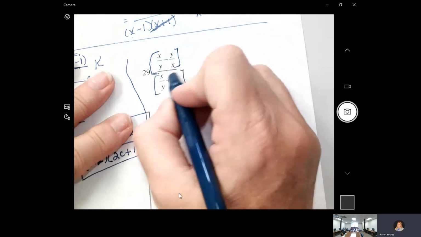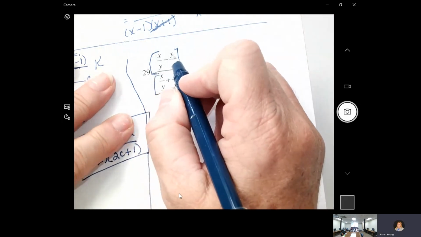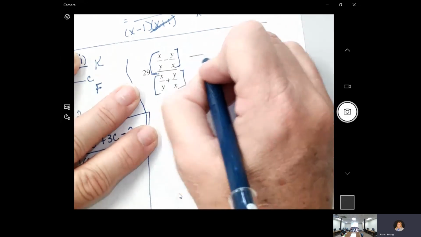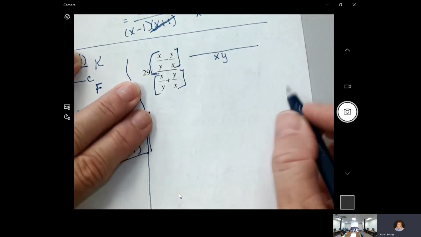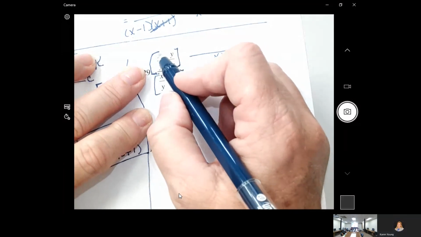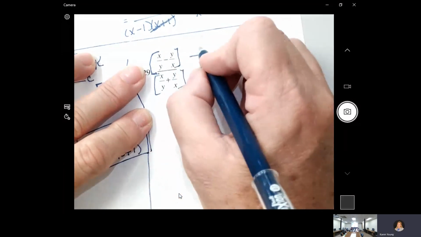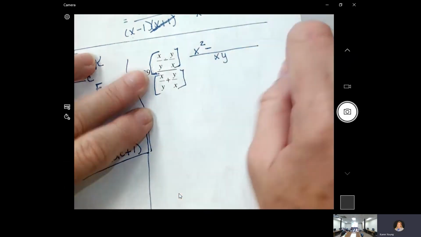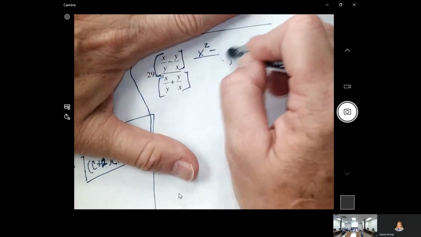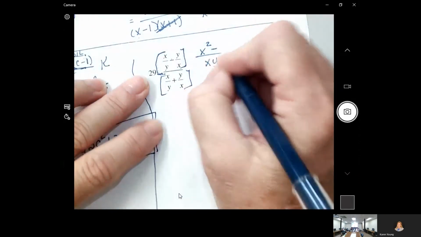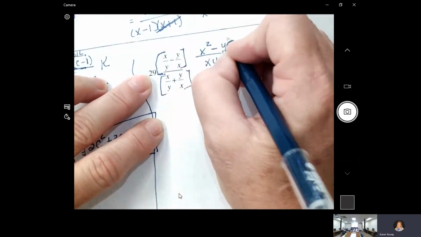We're going to do the same thing we've been doing with the numerator. So y times x, I'm going to write it as xy. Y'all can write it as yx if you want to. And then my little butterfly, x times x, I get x squared. This is minus. And then y times y gives me y squared.